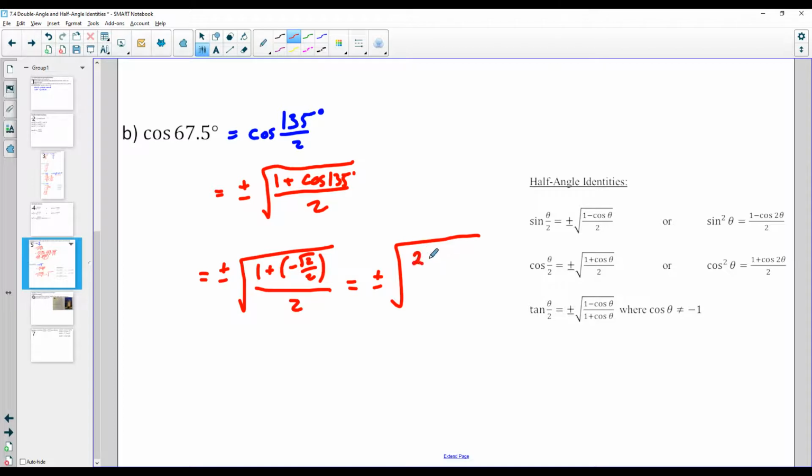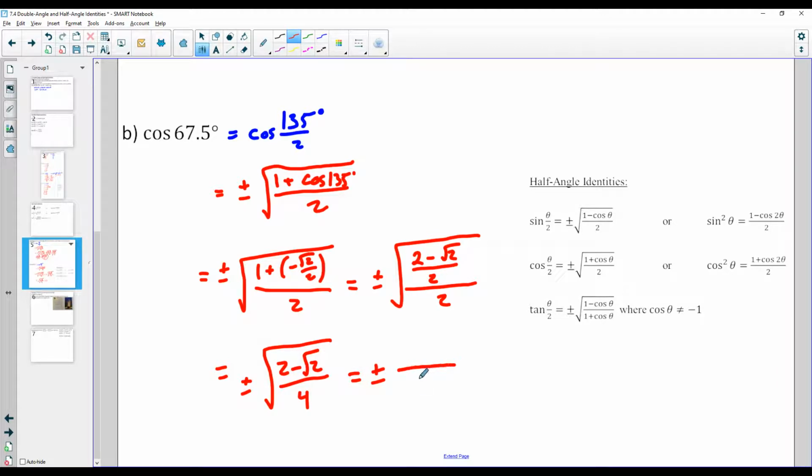So we're going to get 2 minus the square root of 2 all over 2, all divided by 2, and we're going to get a very similar thing where we get plus or minus the square root of 2 minus the square root of 2 all over 4, and then that 4 can come out as just a 2 on the bottom, and on the top we have the square root of 2 minus the square root of 2.